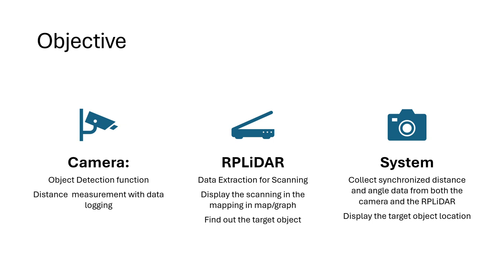Second is displaying the scanning in a graph or map in polar coordinates, because the RPLiDAR mainly presents data in the polar coordinate way. Also, finding the target object, because we need to corroborate the camera's target object.